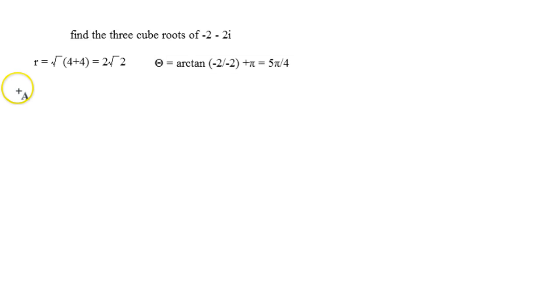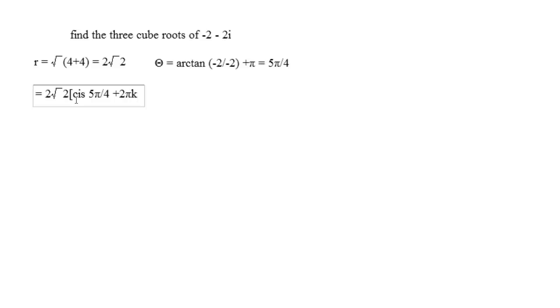So technically this all becomes 2 root 2 times CIS of 5 pi fourths. Now we're going to add 2 pi k.